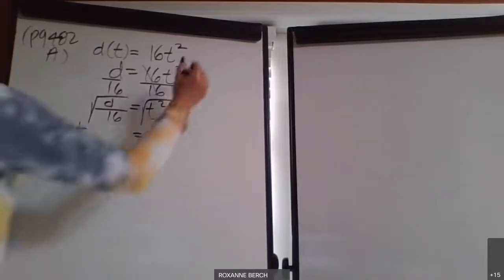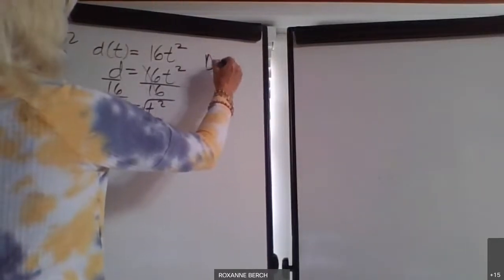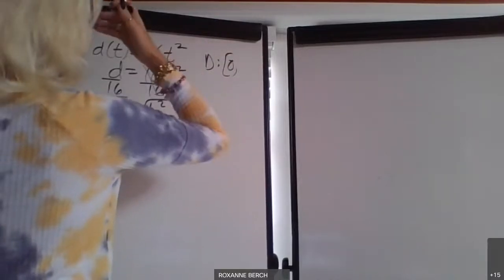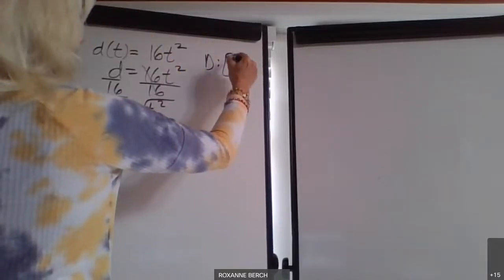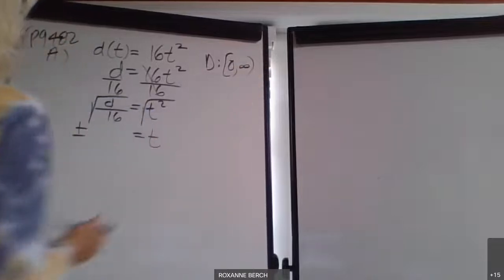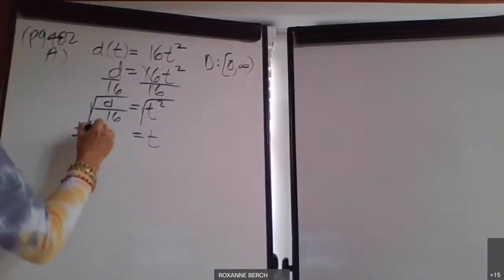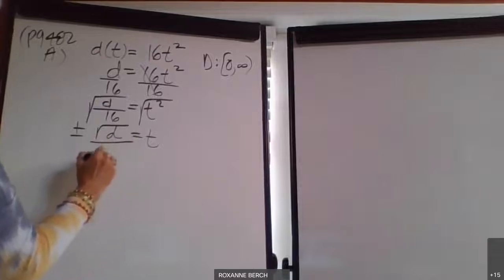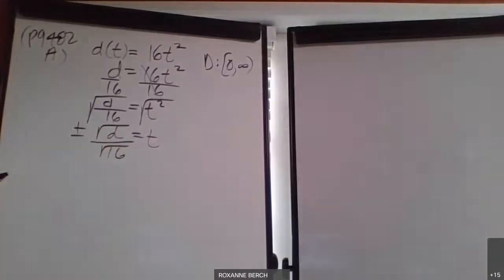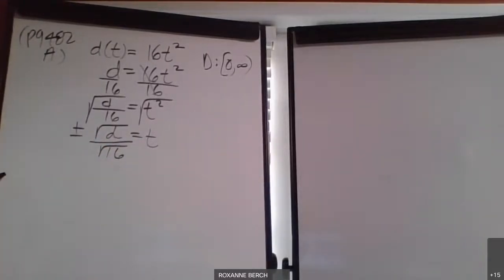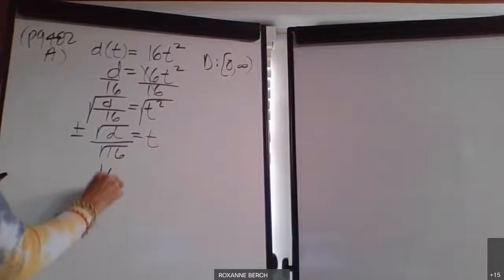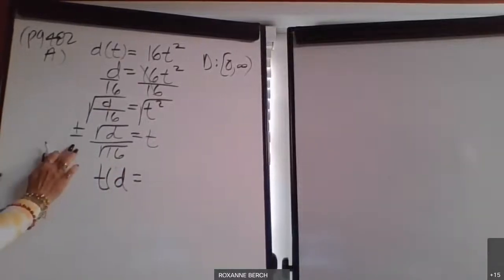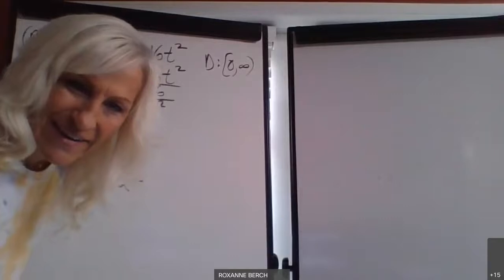And by the way, we should have restricted the domain because it's quadratic: zero to infinity. So what you get here is a fraction under a radical, which you can have. So t of d then, we throw the negative out because it doesn't make sense anyway, right?